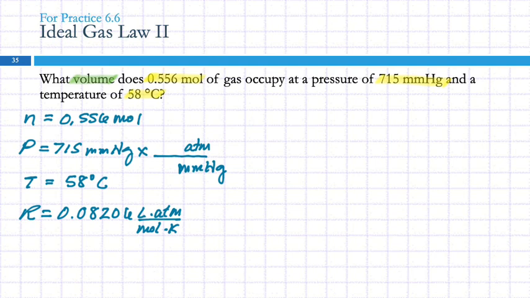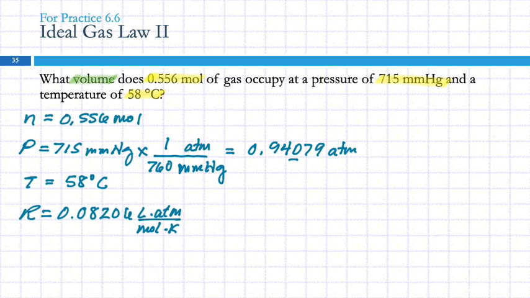We look that up, and 1 atmosphere is exactly equal to 760 millimeters of mercury. So I've got 715 divided by 760, 0.94079 atmospheres. Again, you want to write down a couple extra digits.